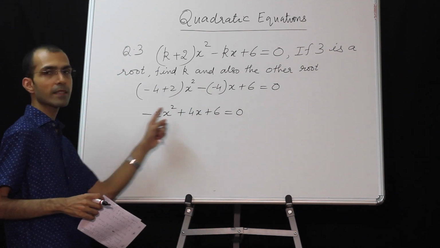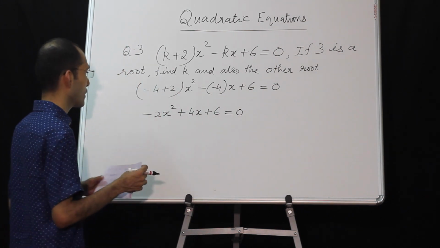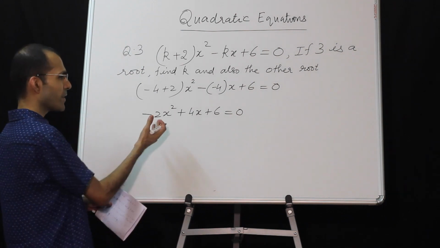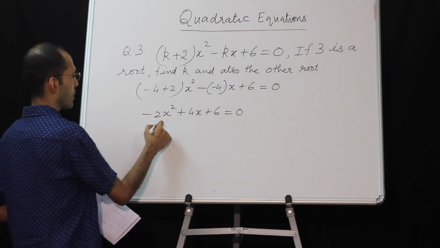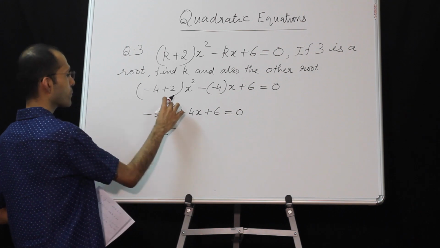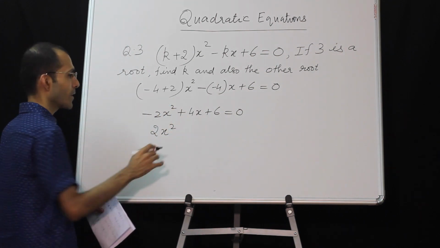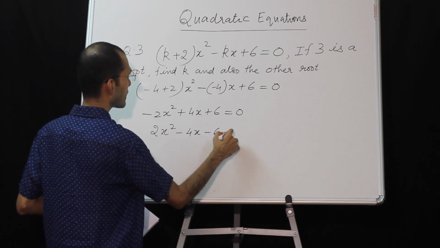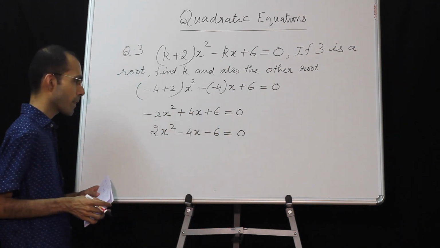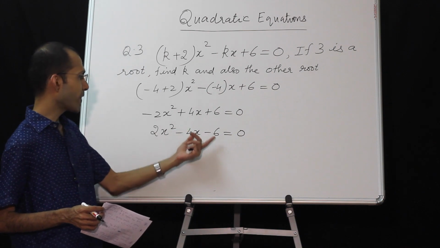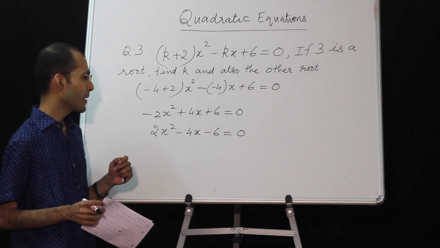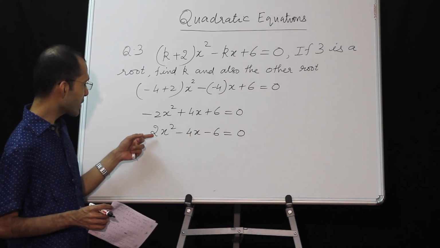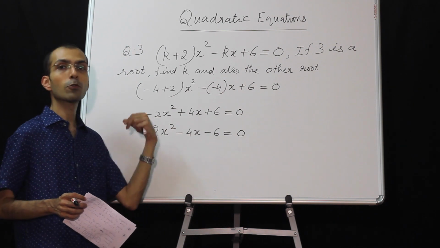We can change the signs throughout to make things comfortable, else we can work with this also. So it will be 2x square minus 4x minus 6 equaling 0, so that the square term is positive. We can easily factorize this, but we can still divide this equation by 2 throughout.